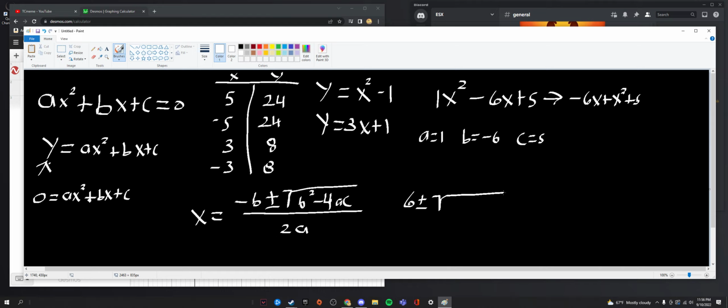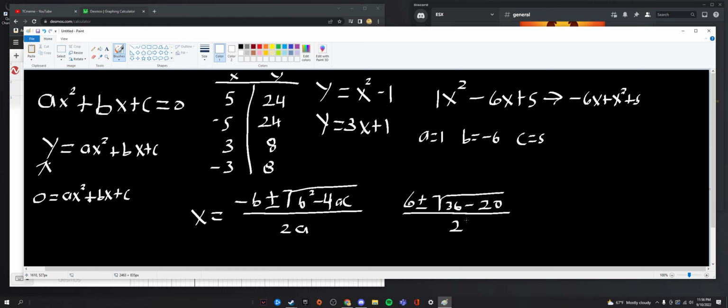The square root of b squared, which is 36, minus 4ac. Well, a is 1 and c is 5. So 1 times 5 is 5, times 4 is 20. So we subtract 20, and divide this by 2a. Once again, a is just 1, so divide by 2.